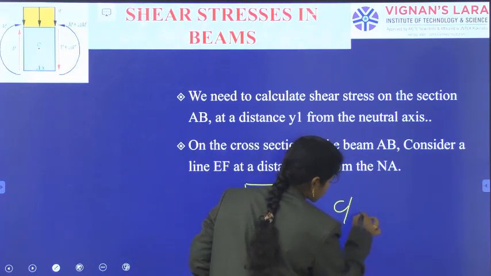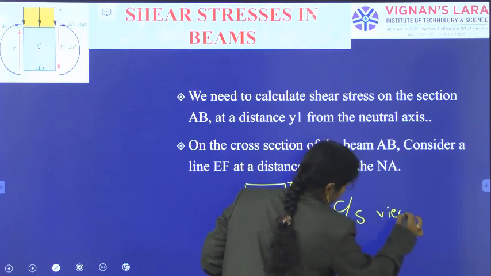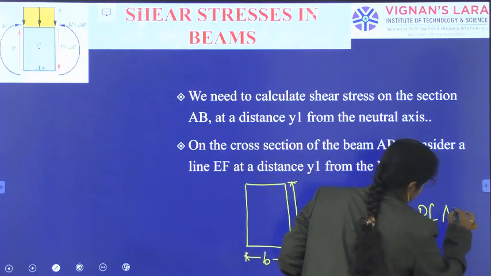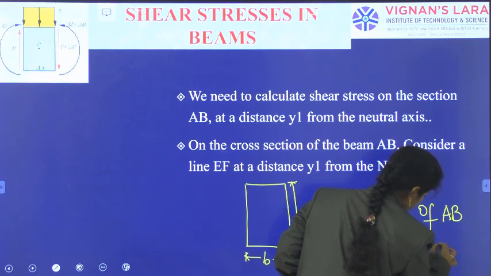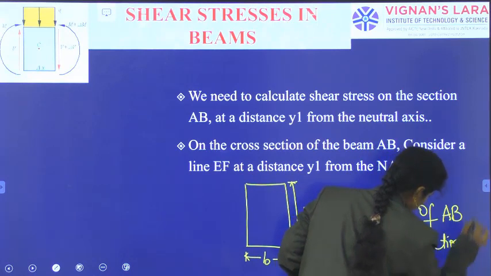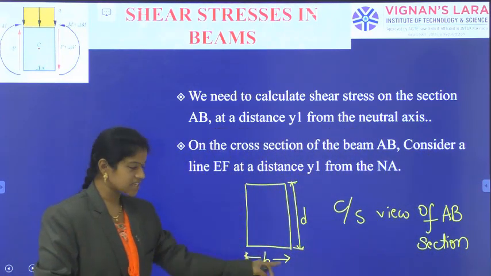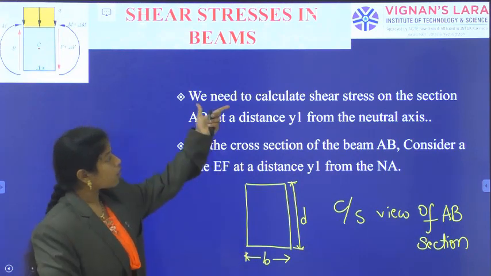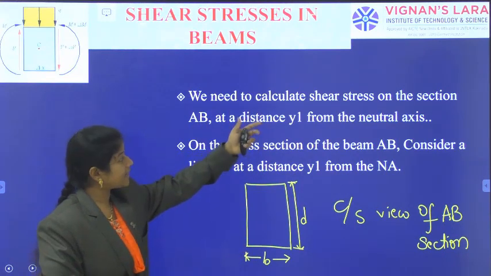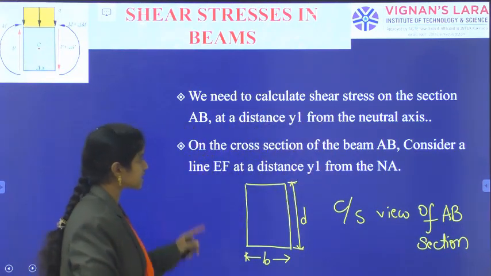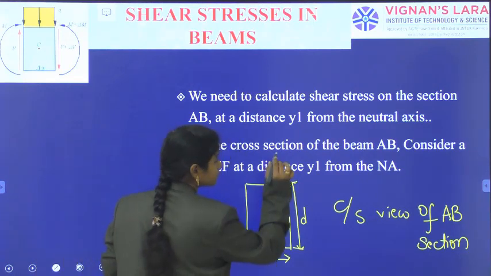This is the cross-sectional view of AB section. Okay. And on this cross-sectional view of AB, what I need to do? I need to calculate shear stress on the section at a distance y1 from the neutral axis.